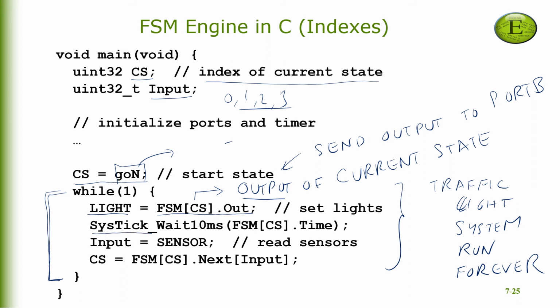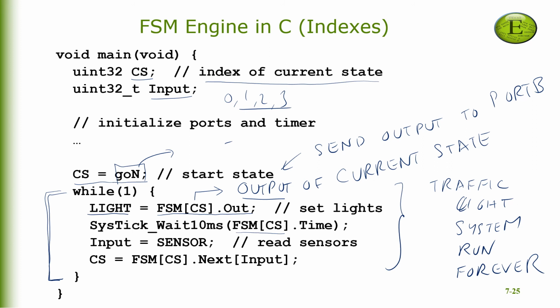Then we invoke a routine whose input is the wait time. How do we access the wait time? The wait time is in the state description, the description defined by the struct.